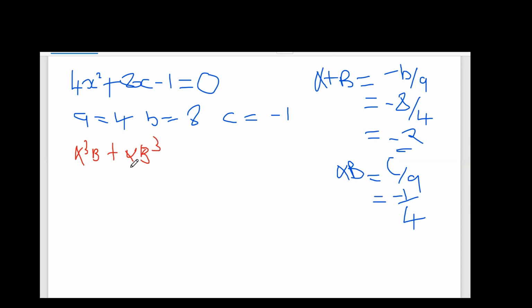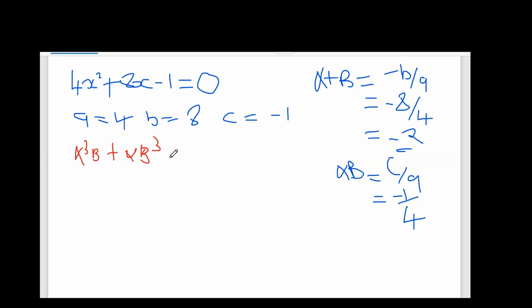This is the expression that we have, but we can't just put in these values, because in this expression there's no alpha plus beta and no alpha times beta. So we have to simplify it so that we take it into terms where it has alpha times beta and alpha plus beta.